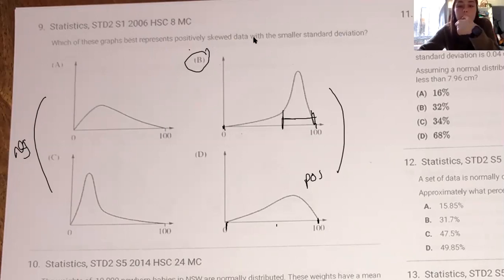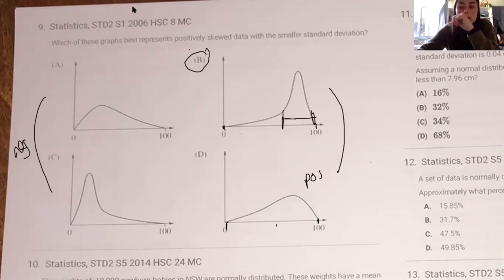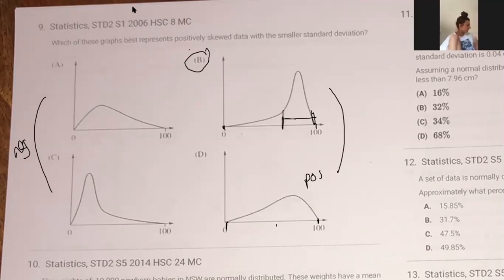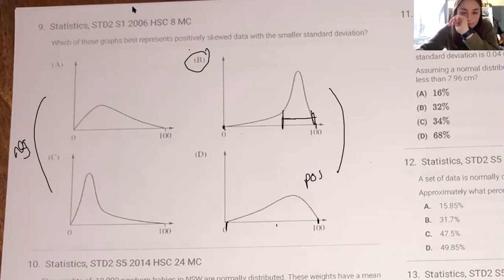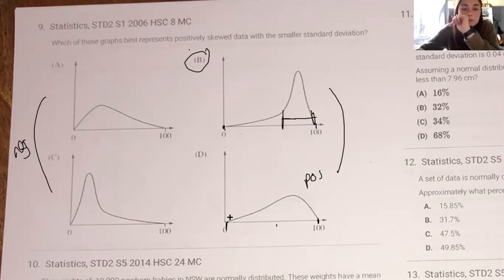No. Oh, we can find this. I'm trying to go through my book and find the 2006 HSC question. Oh, here it is. Oh wait, that's not there. 2006 HSC question. What one is it? Well, we're both wrong. It's A or C. Oh.